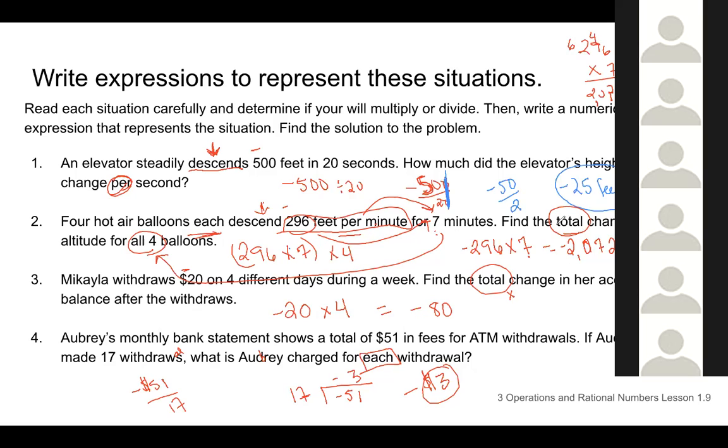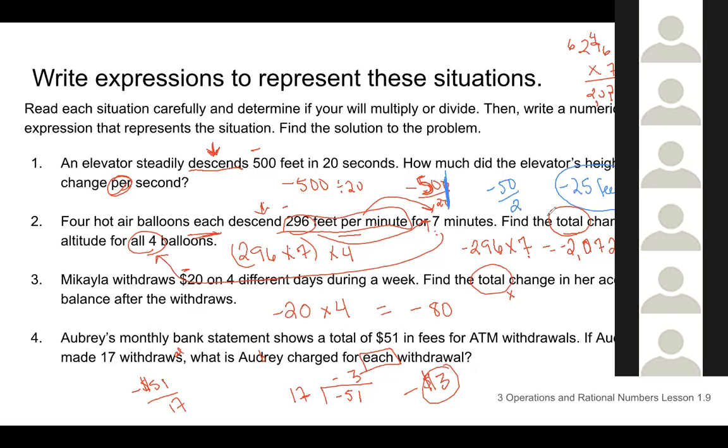Yeah, that's what I was thinking for number 2, that it would have been addition when it said total. Right. But if we were to add this, we would be adding 296 7 times. I don't know that you have time for that on the timed test.